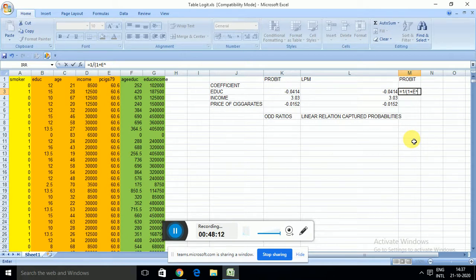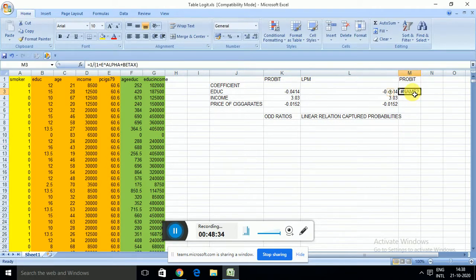Let's say alpha, I'm just writing it in full form, plus beta x.